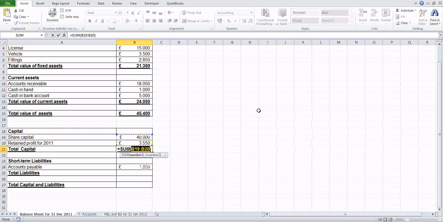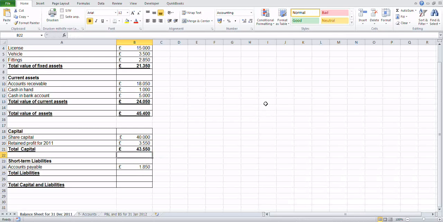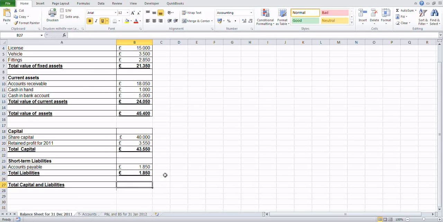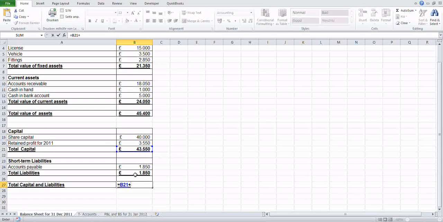Check if this is okay. It is. Press enter. The total liabilities sum is quite simple because there's only one line item in there. Use auto sum again. And then we can add up the positions, total capital plus total liabilities.